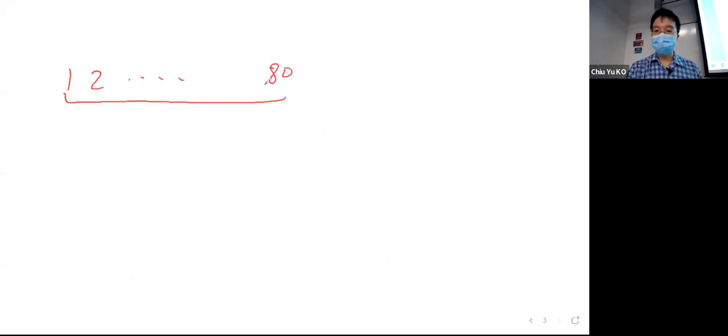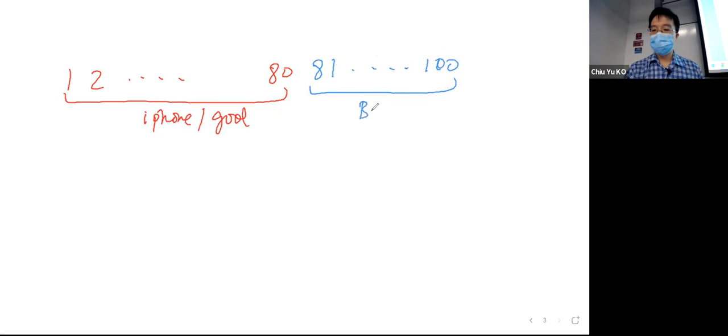They are good phones, or iPhones, the good item. And from 81 up to 100, they're bad. So how many ways can you draw? There is just 100 C10, because you want to draw 10 balls out of it. You don't care about good or bad, you just draw 10 out of it.